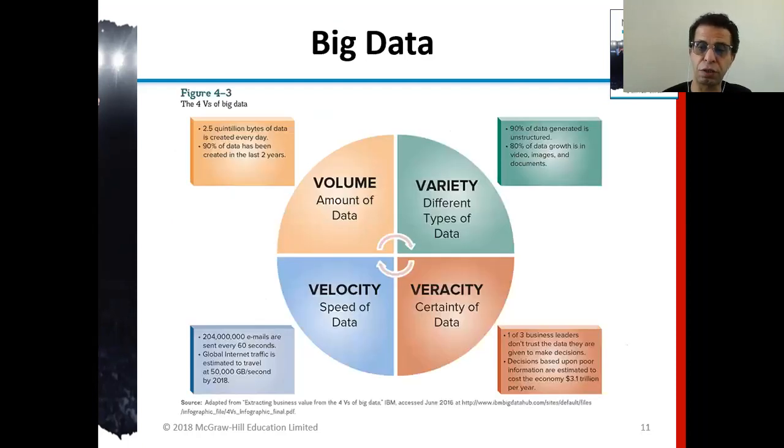But here is the big challenge: the big data that we are facing. The volume of data is like 2.5 quintillion bytes created every day. 90% of the data has been created in the last 2 years. Then you have the variety of data: structured data, unstructured data, images, voice data, video data, email data.